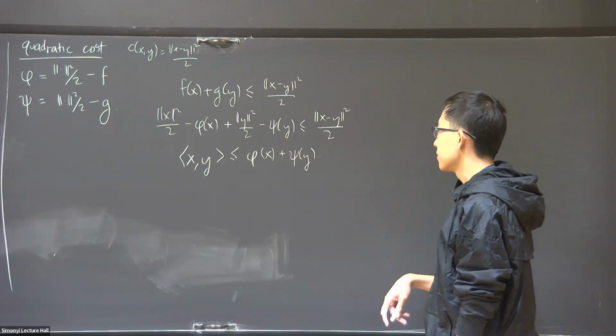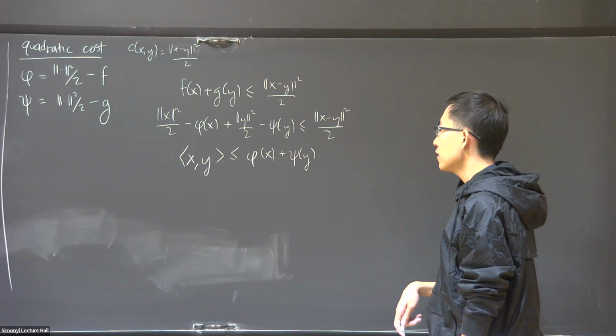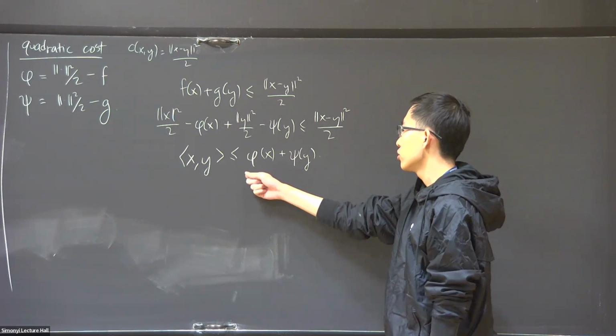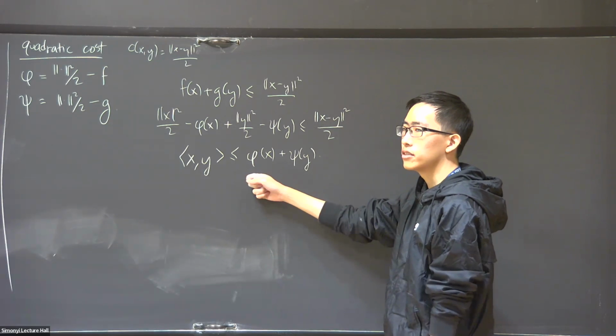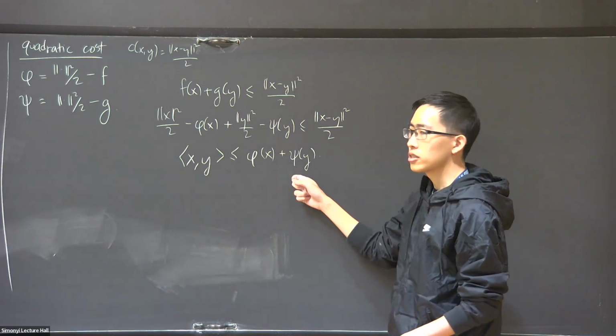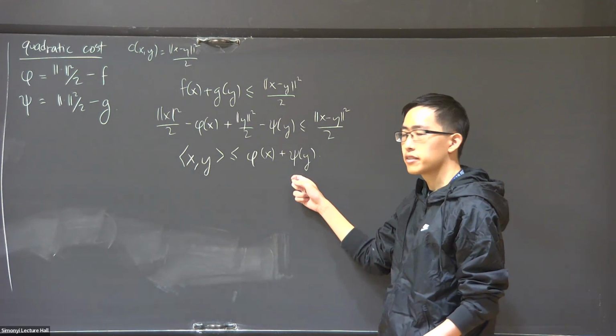Now, let me ask a question. Suppose that one of my dual variables is phi in this new parameterization. If I fix that, what is the best possible function I can take for psi?